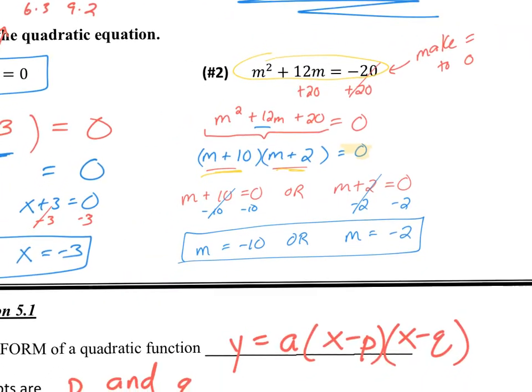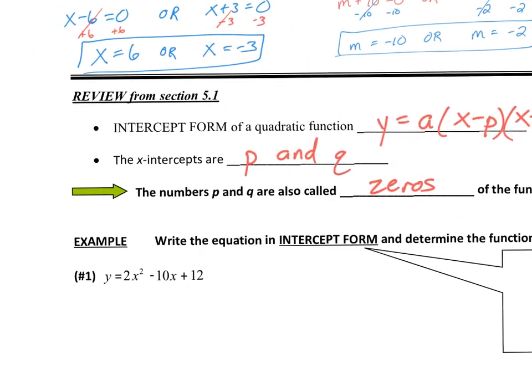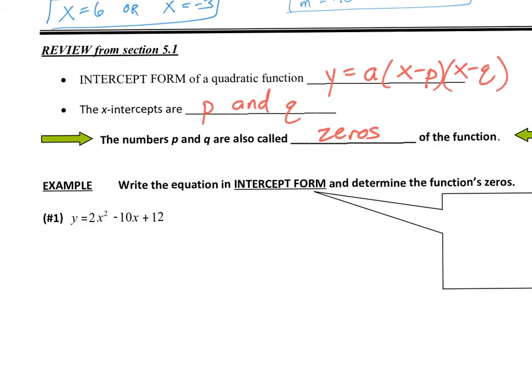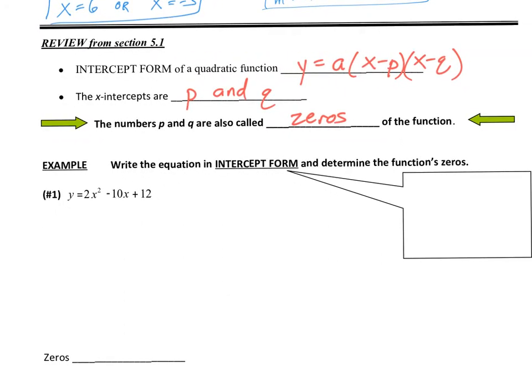Okay, we do tie this in now to stuff we learned earlier this year. A little review from 5.1. Intercept form. So intercept form is y equals a times x minus p times x minus q. In this case, the p and the q were called the intercepts. That was from our last quiz we had.